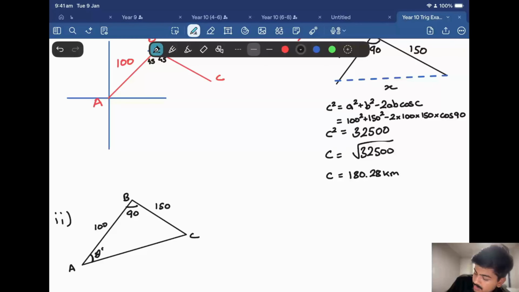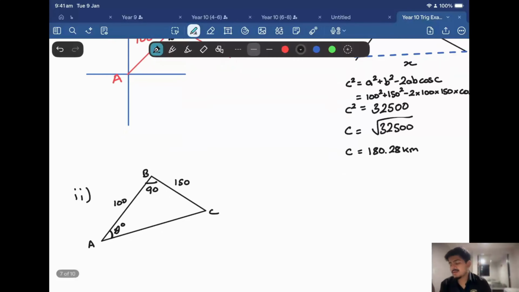This value theta. Now, pretty easy. I mean, just from the question below, we know this is 32500.